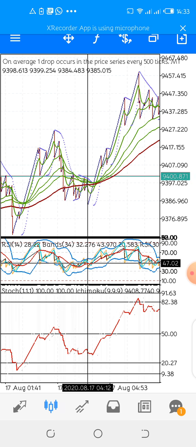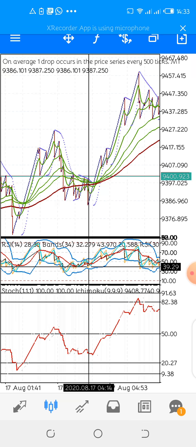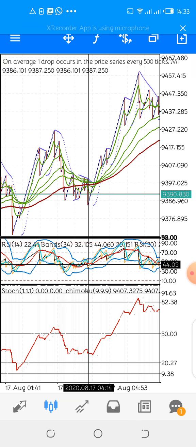Why I use TDI for confirmation of whether it is buyers or sellers is that your market should have consolidated around the 50 area for long. Most of the time you will get a trending market. If it really wants to trend, it will start from 50 going up for buys and 50 going down for sells.